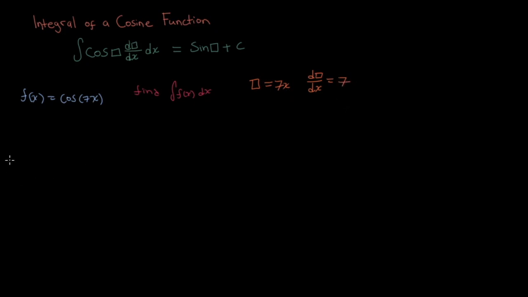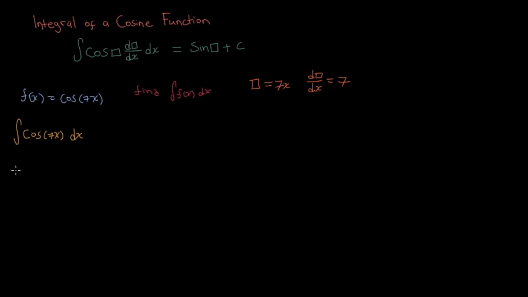Now we can go ahead and evaluate this integral. What this question is asking us is the integral of f of x dx, which is the integral of cos 7x dx. That's the setup right there. So how do we find that?